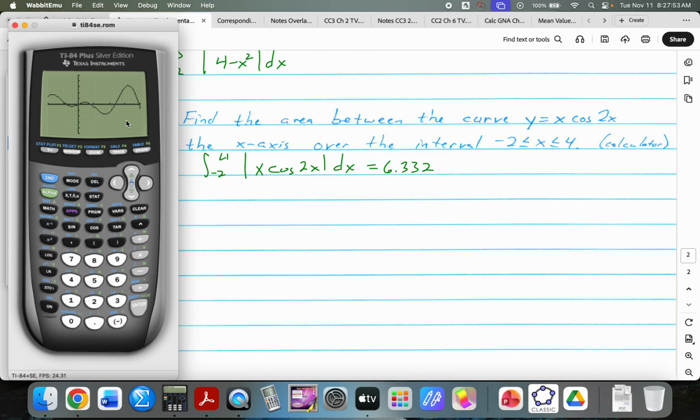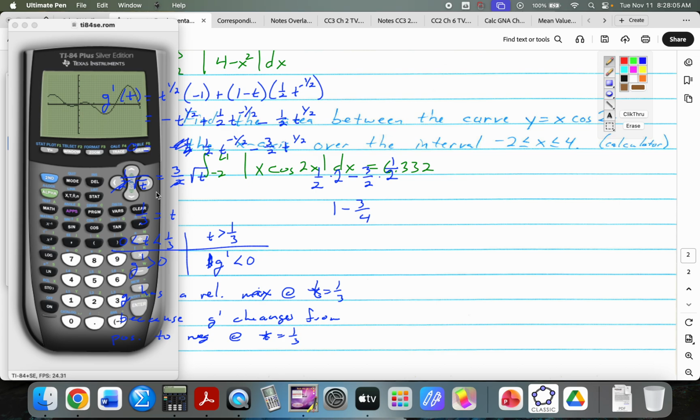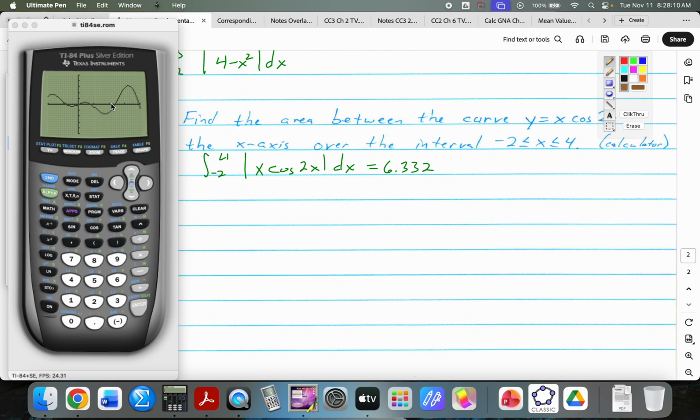The other thing that makes this particular one better is this. Notice that, if I go from -2 to 2, this region and this region are exactly the same, and this region and this region are exactly the same.